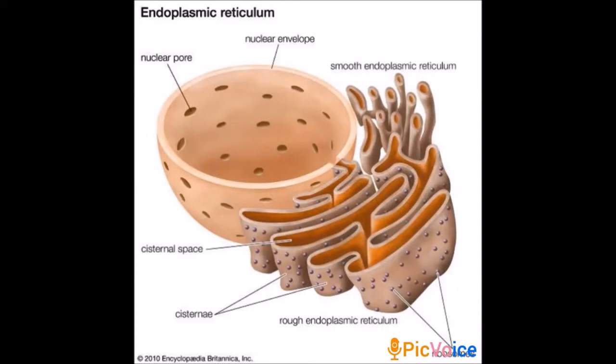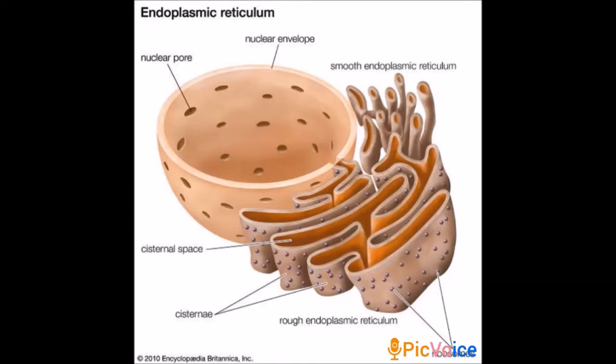You can see the diagram of endoplasmic reticulum. The structure is like this. In the center you have the nucleus to guide the cell, and around it a nuclear envelope covers the nucleus. On the side you can see some foldings. The dotted foldings have small purple dots, and those are ribosomes.